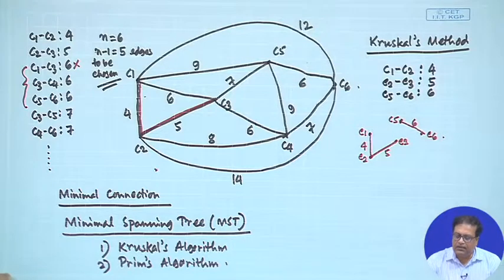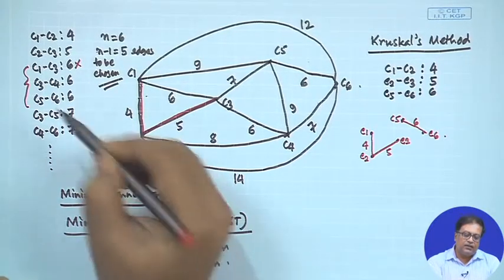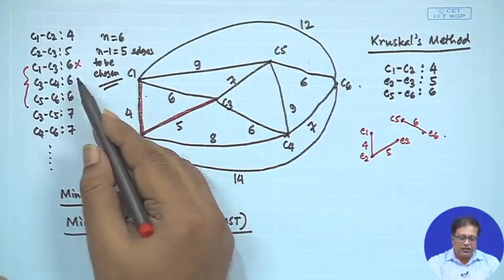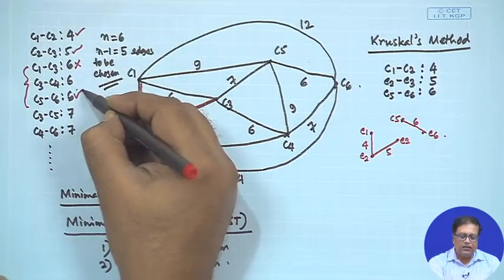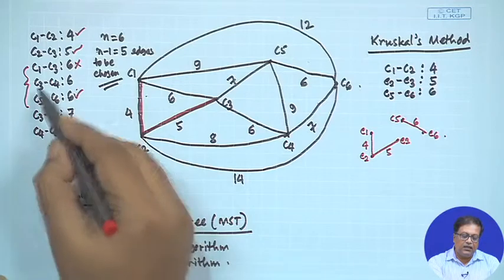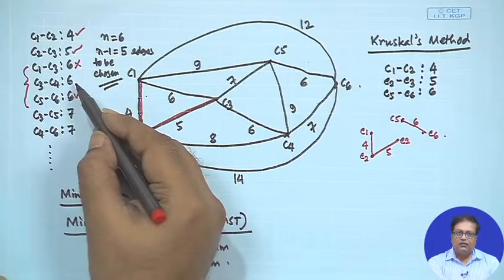So we have chosen 3 and there is no circuit. Now what is the fourth one? We have chosen this, we have chosen this, we have chosen this, we cannot choose this. So next again it will be C3 C4 we can consider now, because it is the next one coming.